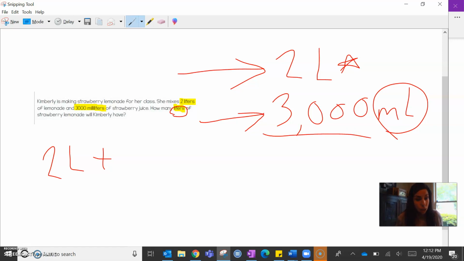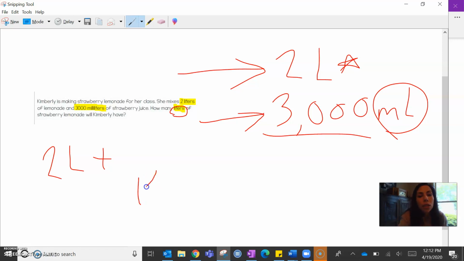So how are we going to do that? Well, we've got to think about King Henry, right? We remember that King Henry died by drinking chocolate milk is the way that we order these different types of measurement.